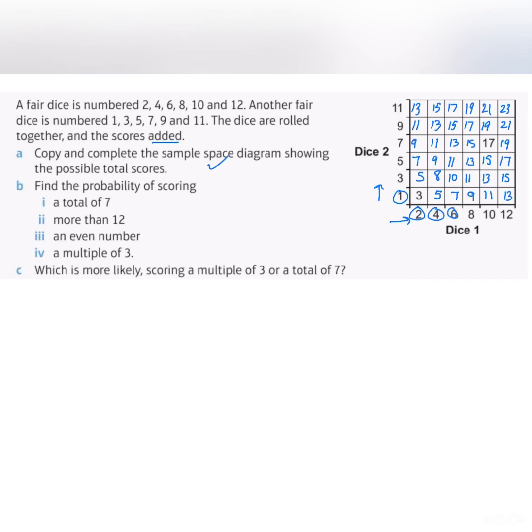And part B was find the probability of scoring a total of 7. Okay, so how many 7s do we have? So there is a 7 over here. Well, actually there's one more over here. Nope, so there are 2 7s. And how many options are there altogether?